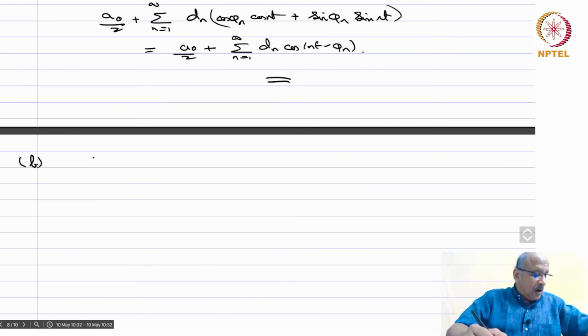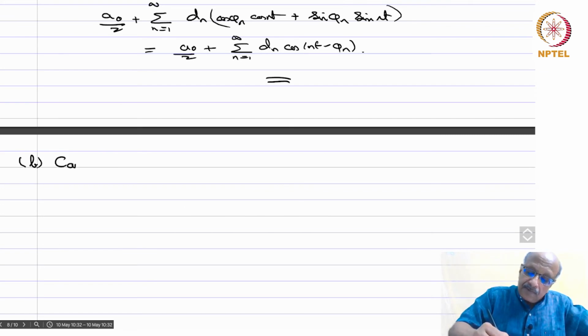Okay, so now is a very interesting result. This is called the Cantor-Lebesgue theorem.